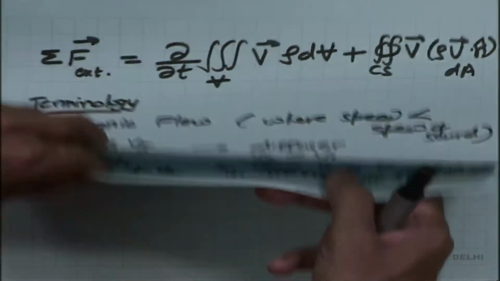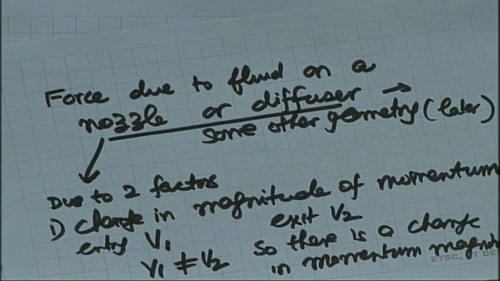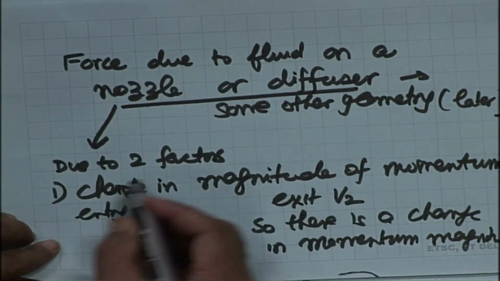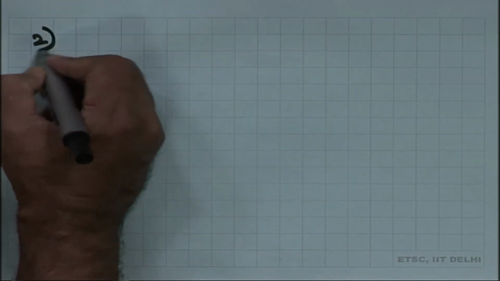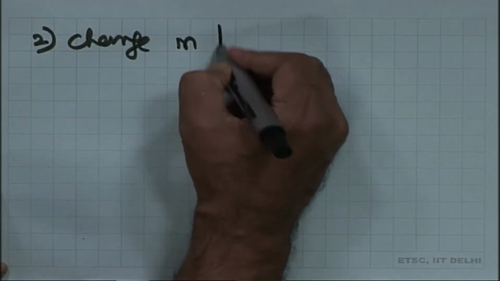The first factor is the change in magnitude of the momentum, and the second factor is change in pressure.